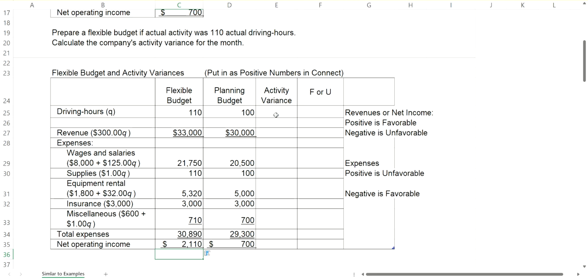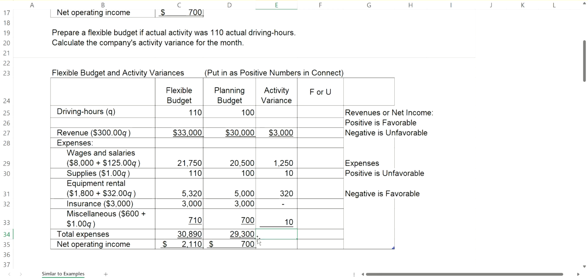Okay, now I am going to determine the activity variance, the difference between the flexible budget minus the planning budget. So 33,000 minus 30,000 gives me a positive 3,000. We'll talk about favorable or unfavorable in a moment. 21,750 minus 20,500 gives me 1,250. 110 minus 100 gives me 10. 5,320 minus 5,000 gives me 320. 3,000 minus 3,000, there's no variance there, just 0. 710 minus 700 is 10.